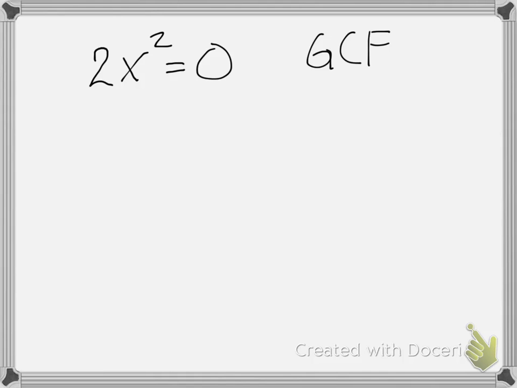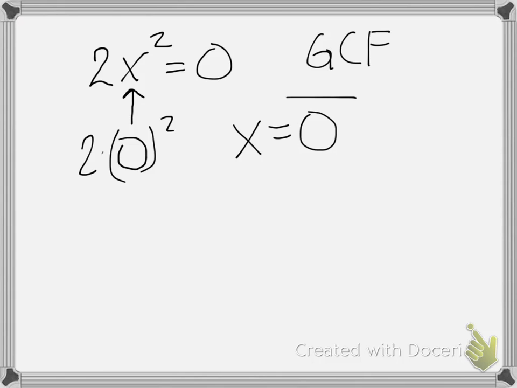But you do know that to make this true, this would have to be 0, because 2 times anything is going to be 0. So you know that this one only has one answer. Even though, that's why I was telling you, it's not a guarantee it has 2 answers. Okay, but so this has one answer.